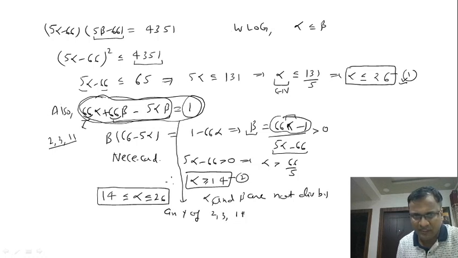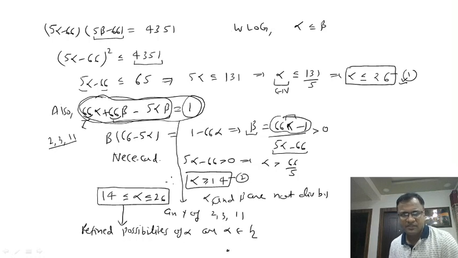2, 3 and 11. So the refined possibilities of alpha: I think we have to reject all the even numbers. 14, 15, 16, 17.